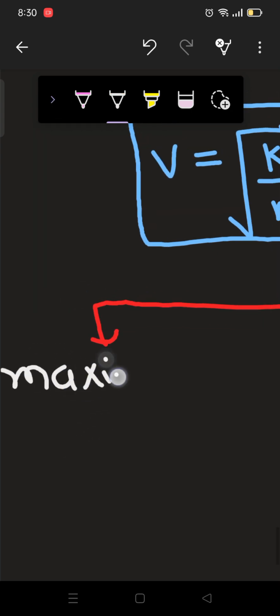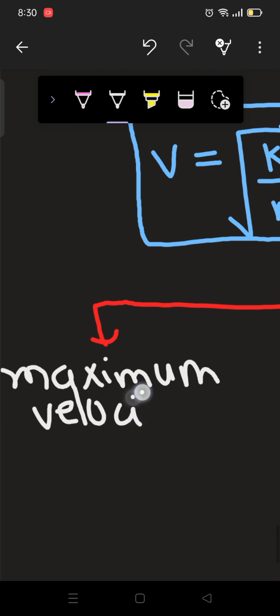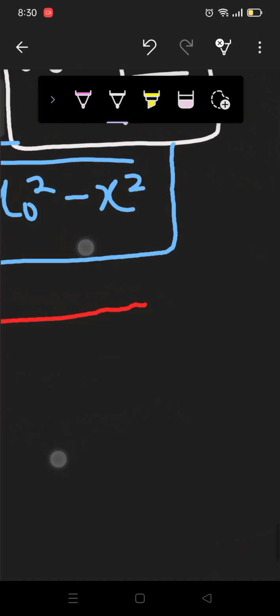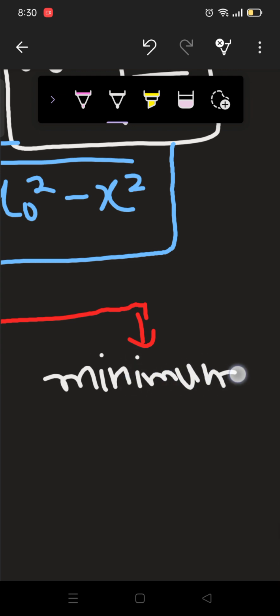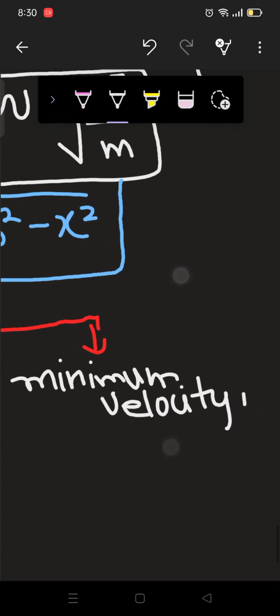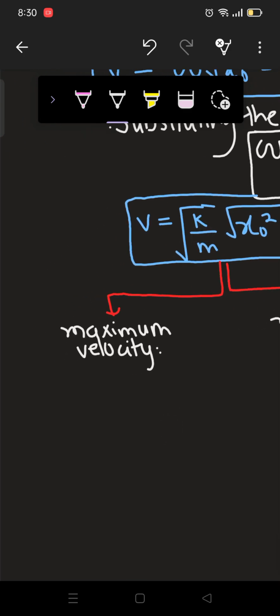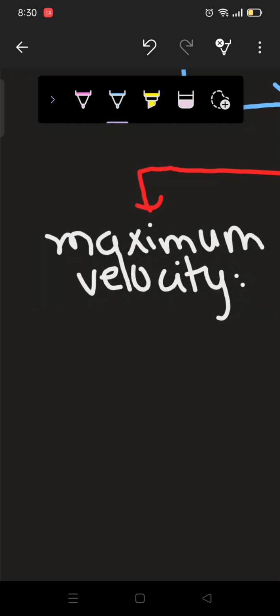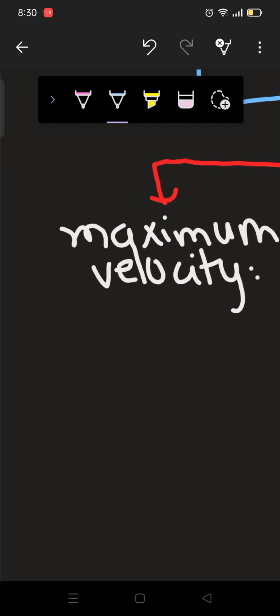Initially, maximum velocity, and here we are going to have our minimum velocity. Now see, we are going to have our maximum velocity at the mean position.